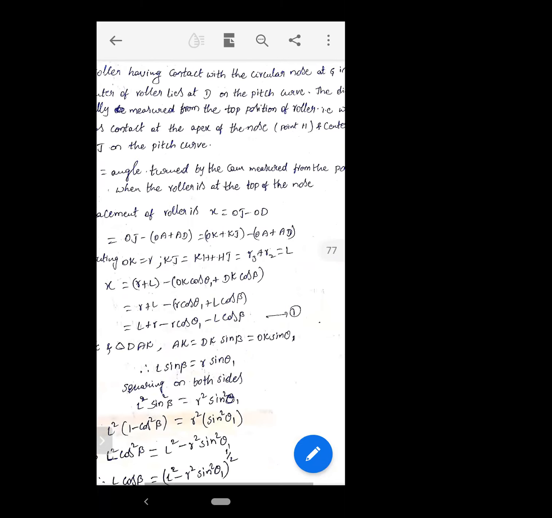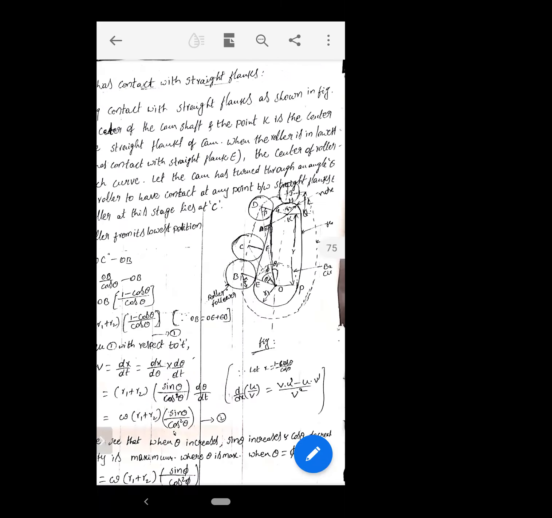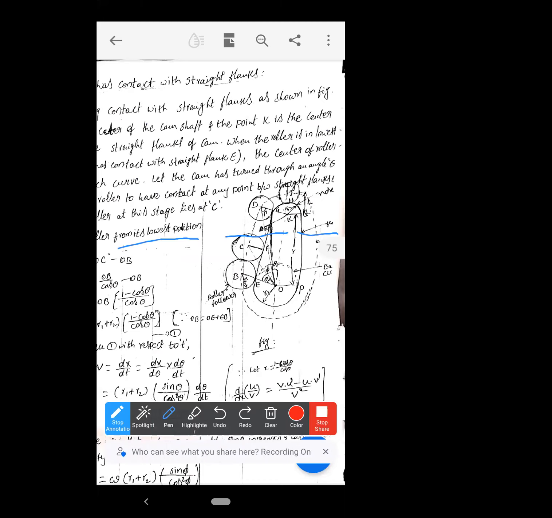Just observe that. So what is the value here?